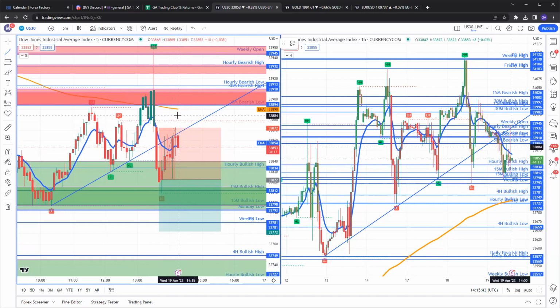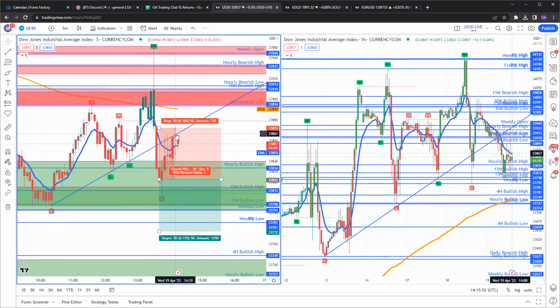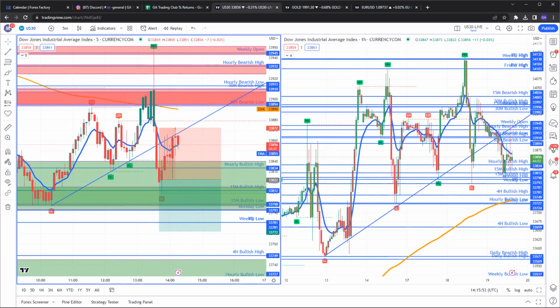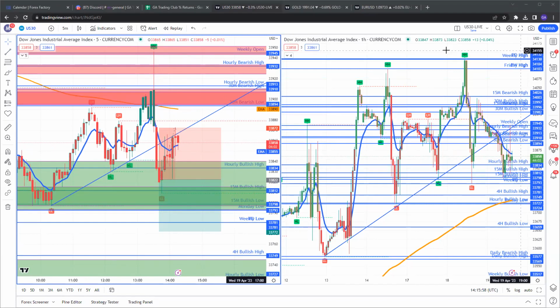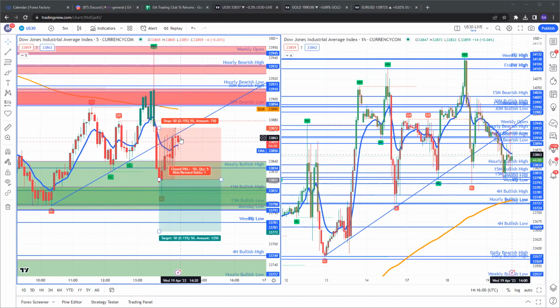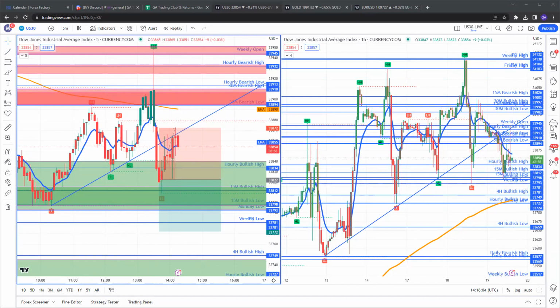So if we get a closure above the trend line and then a retest and closure above, that will be something to look out for. But right now you can see whatever is happening to price is determined by this particular trend line.